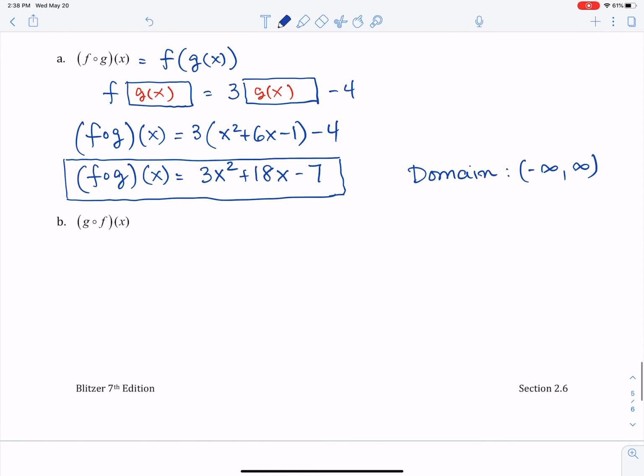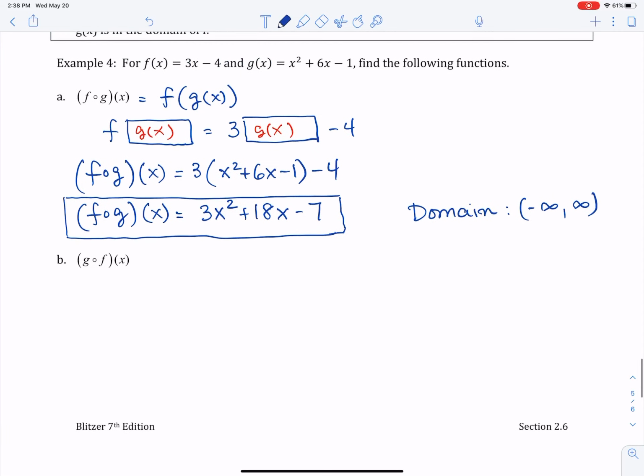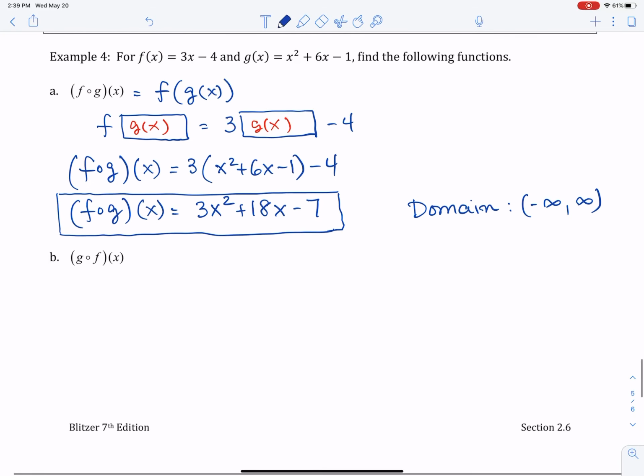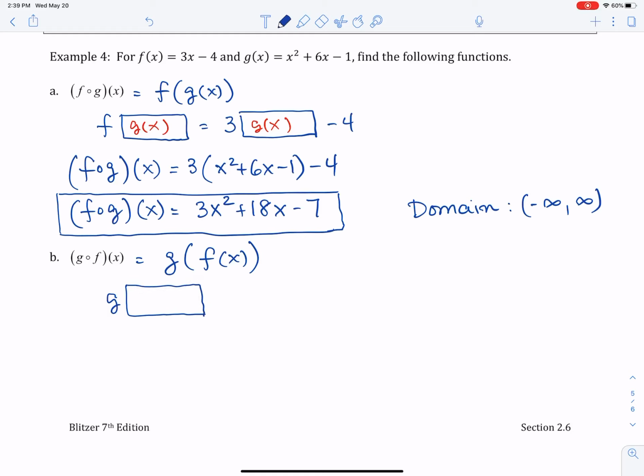I'm sorry. Now g of x combined with f of x. So by definition, I have to consider the function g when the argument is f of x. Well, let's look at how g of x looks. G when the argument is something is going to be equal to this something squared plus 6 times this something minus 1.